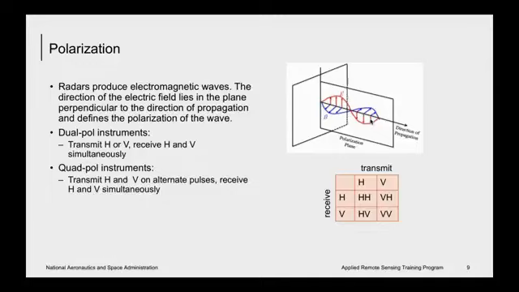So this is one table summarizing dual and quad pole instrument. The dual pole instrument we will study today is Sentinel, so the data set we have corresponds to this column on the table, transmitting V and receiving VH and VV, or receiving H and V. And the other instrument, UAV SAR, is quad pole, which means we transmit H and we transmit V, and we also receive H and V. So you have all those four bands in a data set.